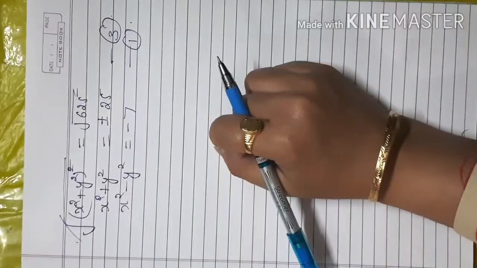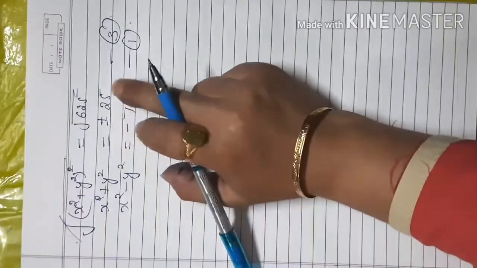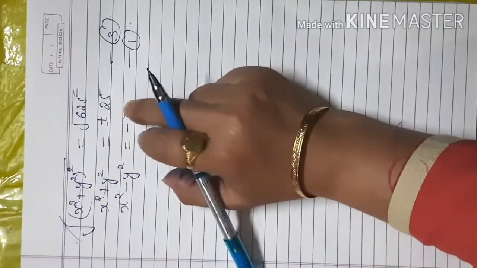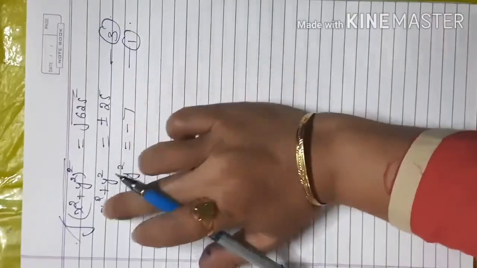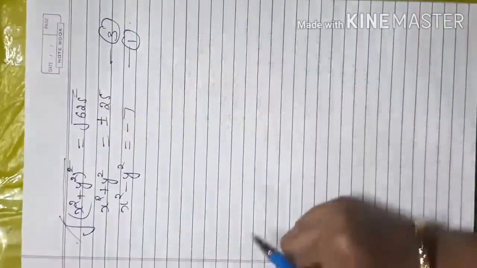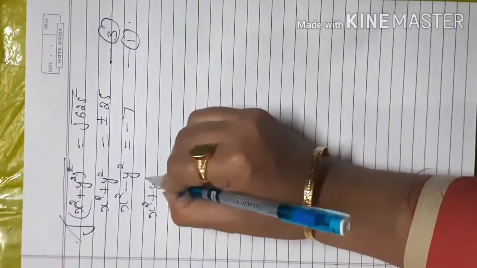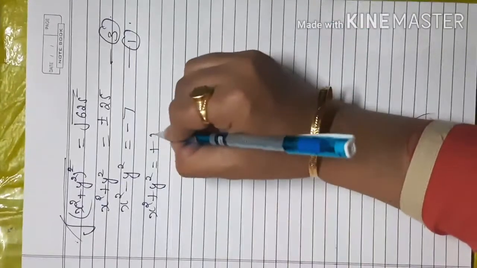Now what you will do, you just add these two equations. Here it is plus minus 25. If x and y are real numbers, then x square plus y square cannot be negative. So we ignore the negative sign, and my third equation will be x square plus y square is equal to plus 25.